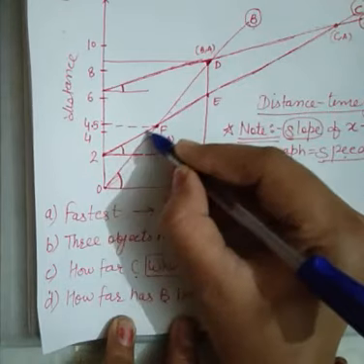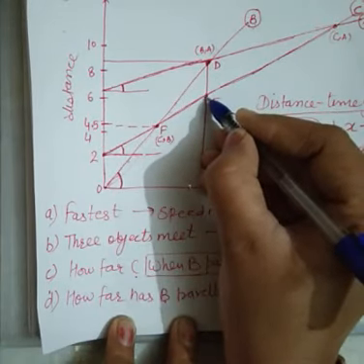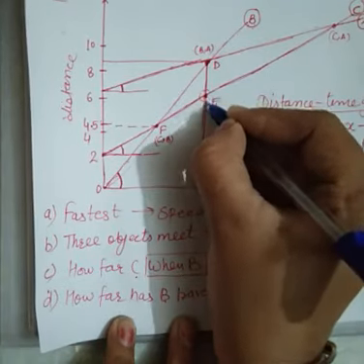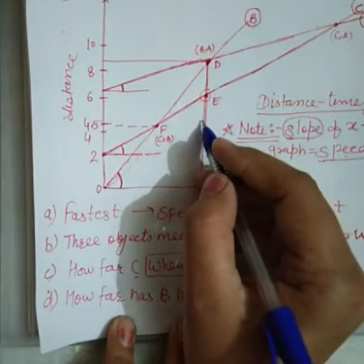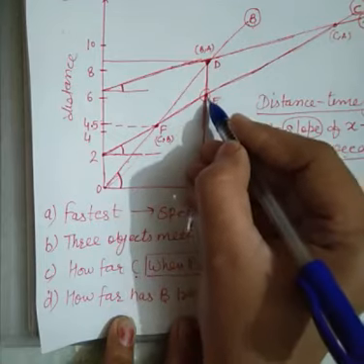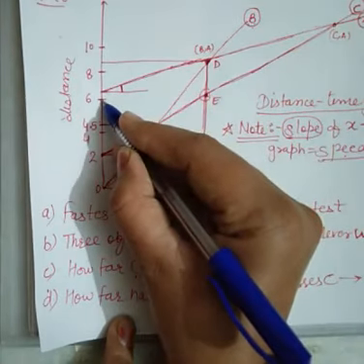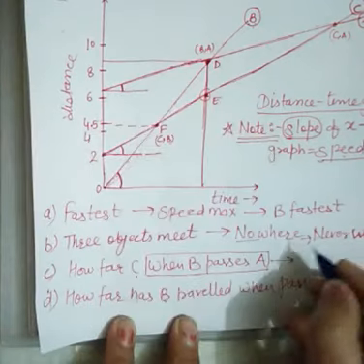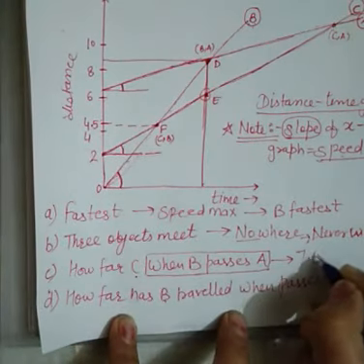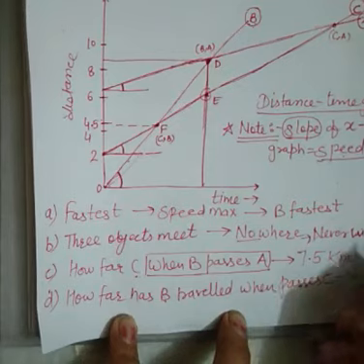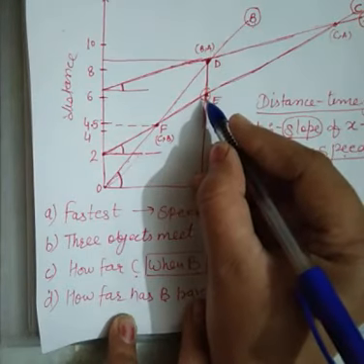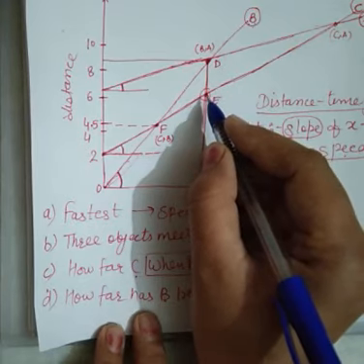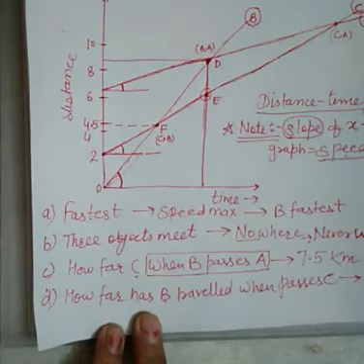For the graph, this one is C. C is here, because this one is our time axis and this. So we have to find out the distance. So you must read your graph, which is the distance. Okay, when you plot it exactly using scale, you will get the result, that is 7.5 kilometer. It is given in your NCERT book. So the graph is given, no need to draw. You have to just copy and start to observe the graph.